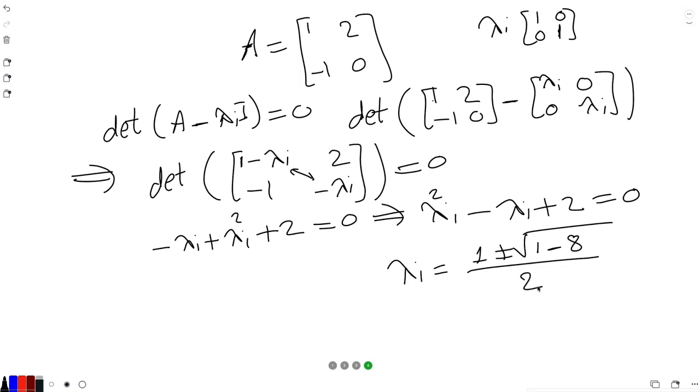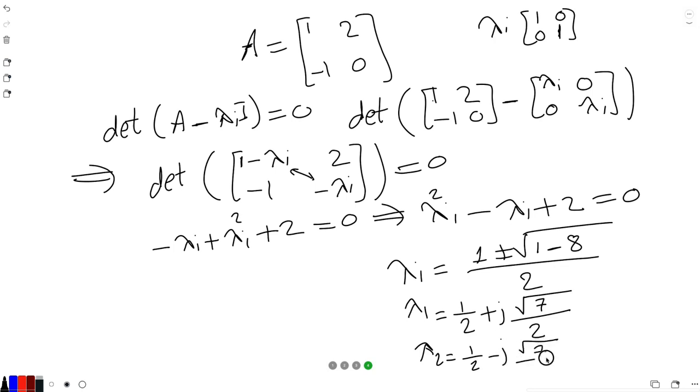This means that lambda for this matrix is a complex number. So we have lambda 1, the first eigenvalue, which is half plus the complex number j square root of 7 divided by 2, and the second eigenvalue is half minus j square root of 7 divided by 2.